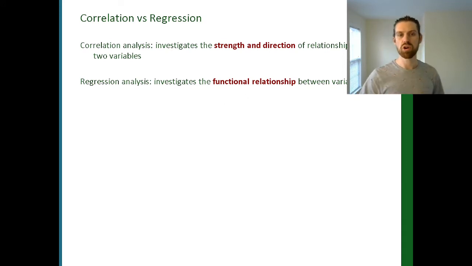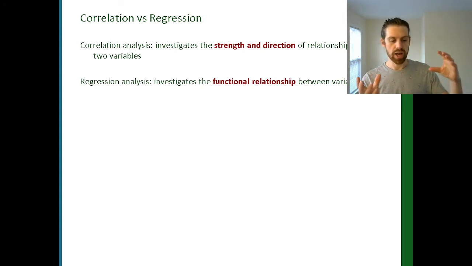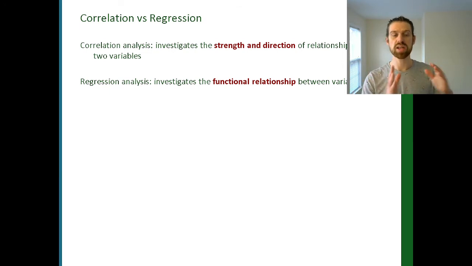So for example, with correlation analysis, you could look at income and the number of years that you've been studying. That would indicate a positive correlation between the two. And that's fine. We know theoretically that they would be related, and therefore it makes sense to look at the correlation between them.